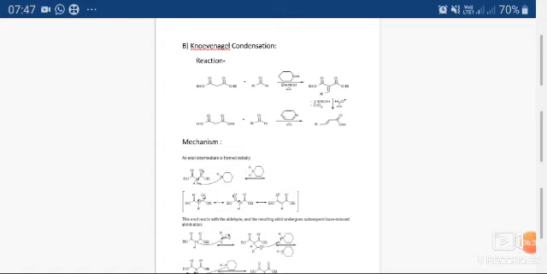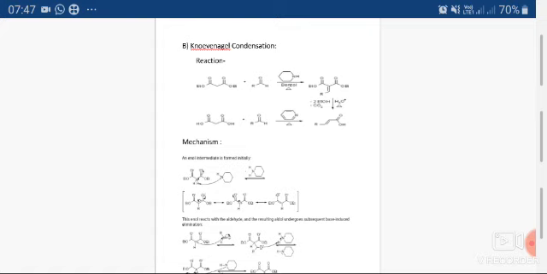This mechanism is slightly complicated because there is formation of an intermediate, that is enolate. In the first step, in ethyl acetoacetate there are two active hydrogen atoms or two acidic protons present on the active methylene group.